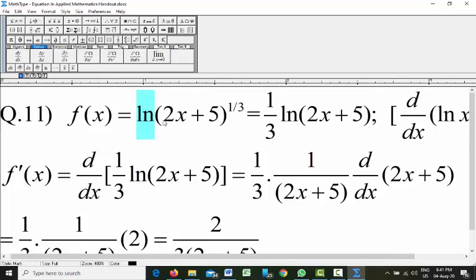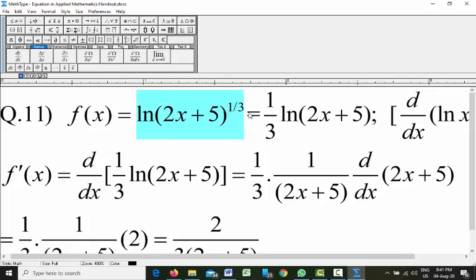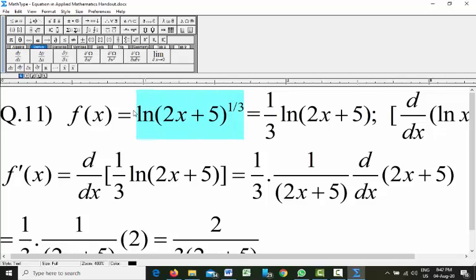Here the function we have is ln bracket 2x plus 5 and then power 1 by 3. So always remember that if you have any power in front of a logarithm, we haven't started with differentiation, so forget about differentiation now.